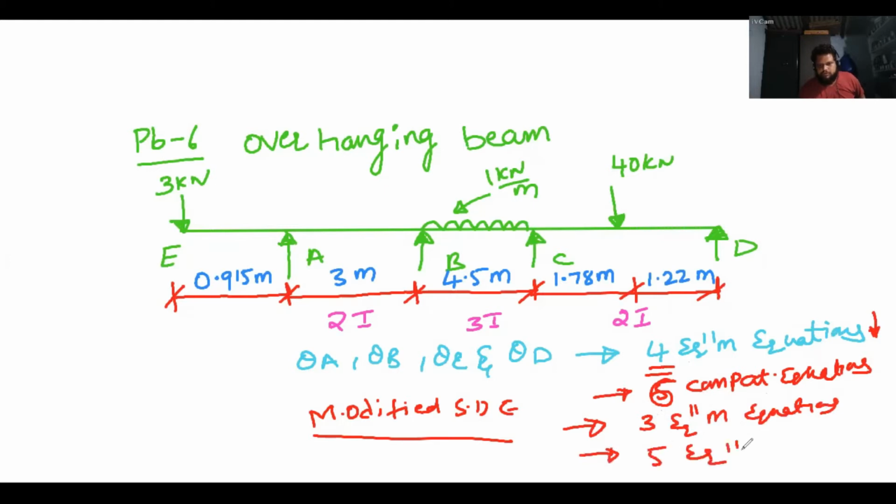So out of 10, we will have only 8 equations to solve directly. If you use the conventional method, solving these 4 equilibrium equations will take 2 to 3 pages of calculation. Otherwise, if we solve using the modified slope deflection equation, within 2 steps we will get the required answers.